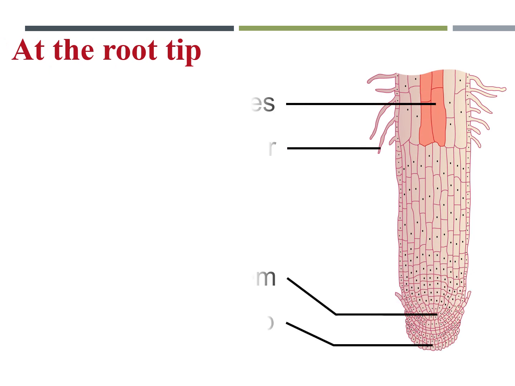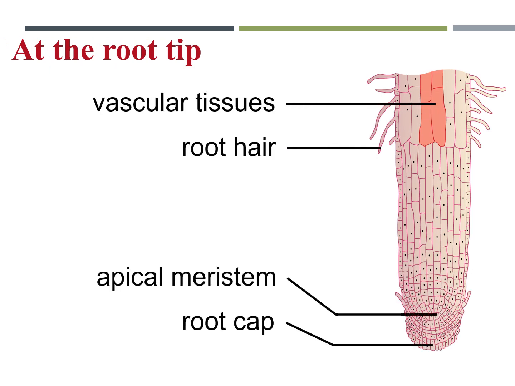Let's take a look at the structure of the root tip. At the very ending part, you can see the root cap. And right behind the root cap, you have a bunch of very tiny cells. This is a group of cells we call the apical meristem, to help the plant to increase in length. So what is the function of the root cap? It is to protect the tip of the root.